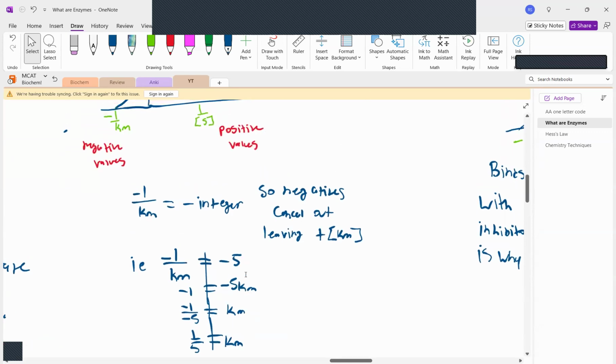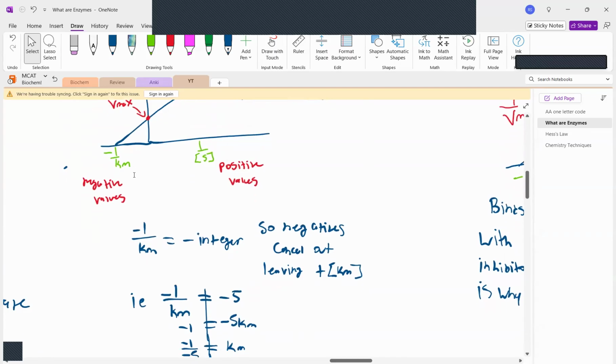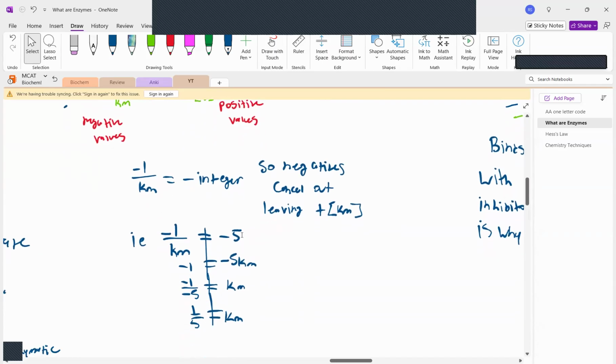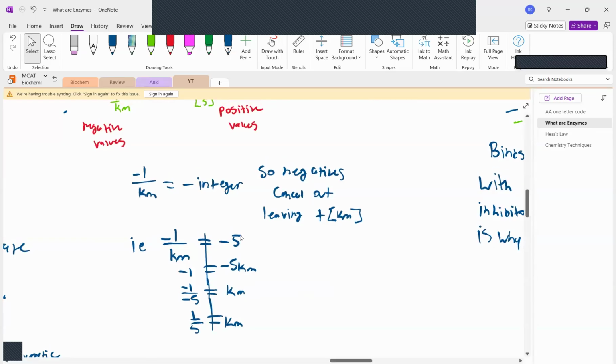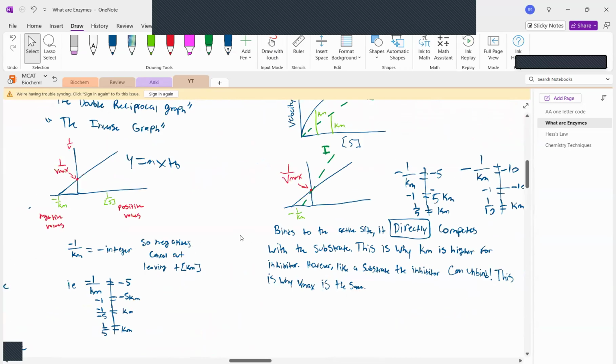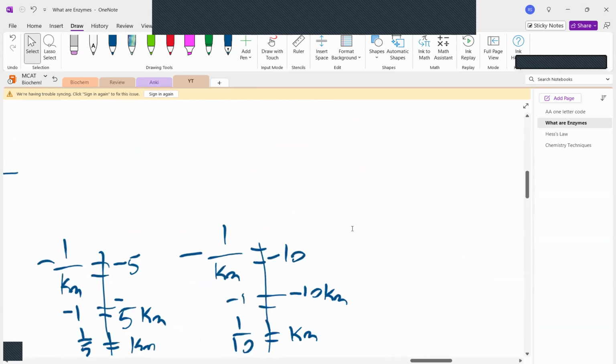And remember, the larger the Km value is, the less efficient it is. So you want smaller Kms. For example, if this was -10, then that's a more efficient enzyme. Over here, for example, it's that -10.